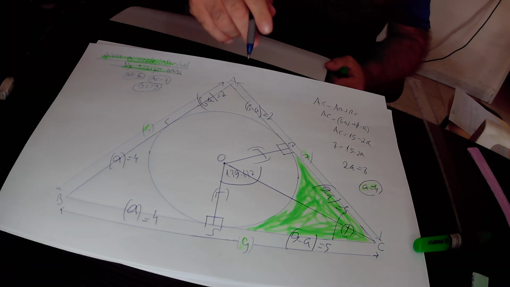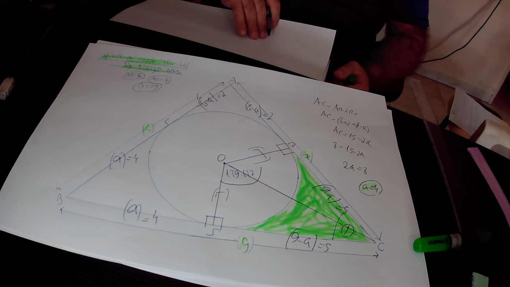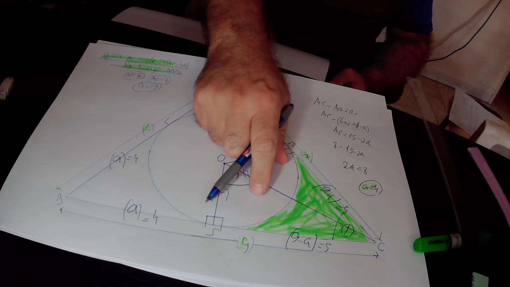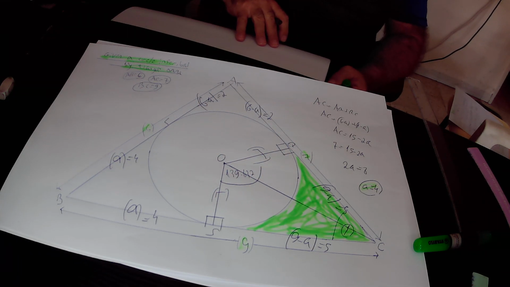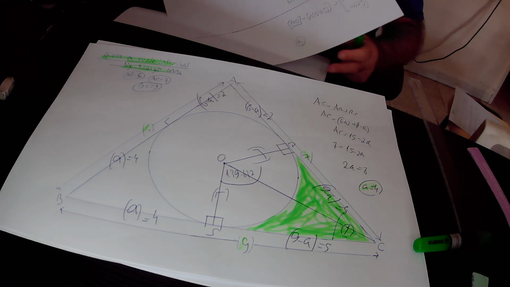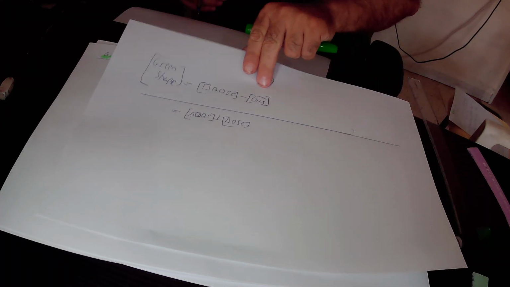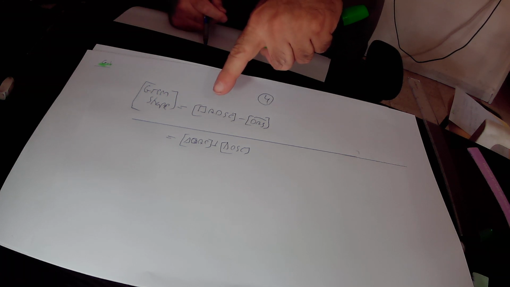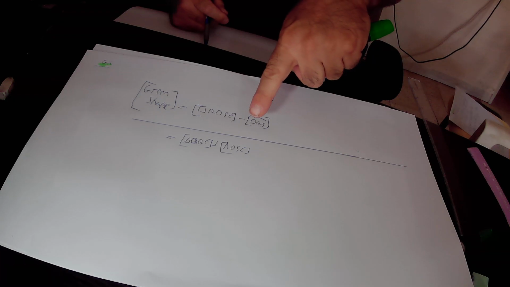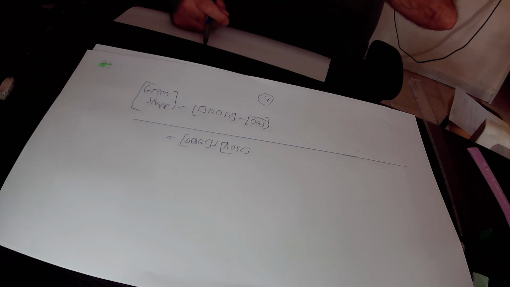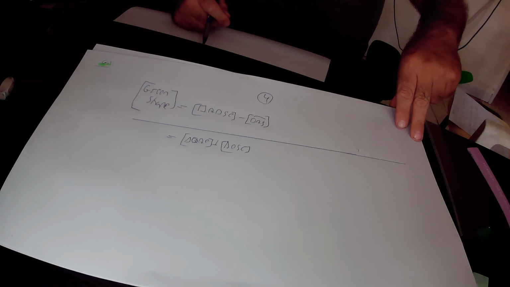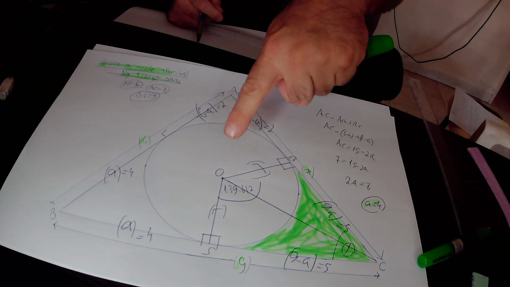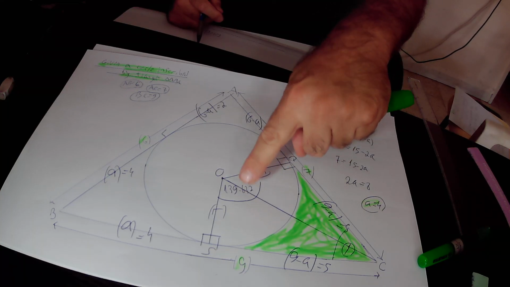And again, the area of this quadrilateral must be equal to the sum of the areas of those two shapes that it consists of, minus the area of this sector, sector QOS. This is sector QOS.